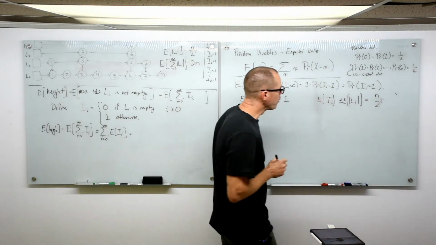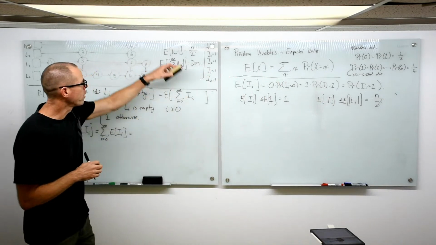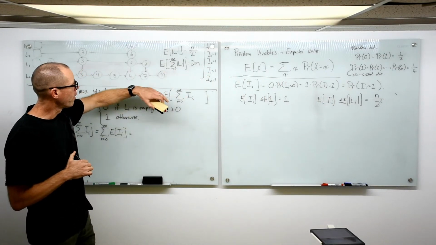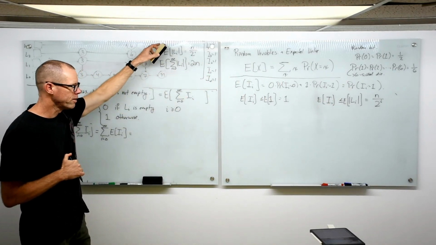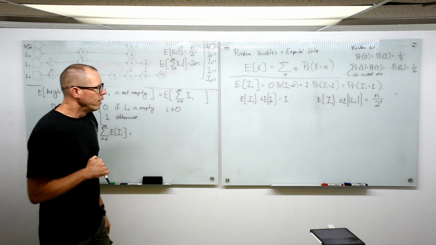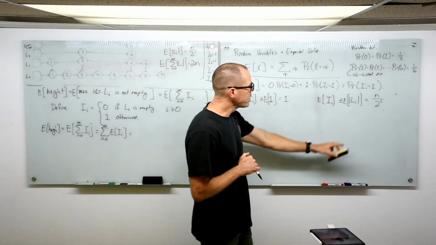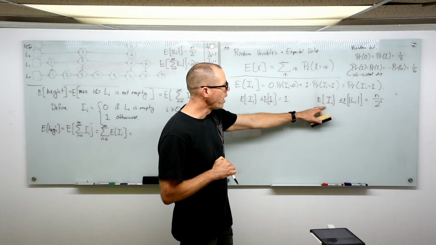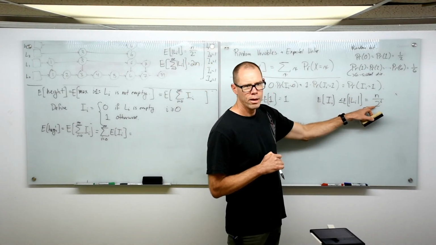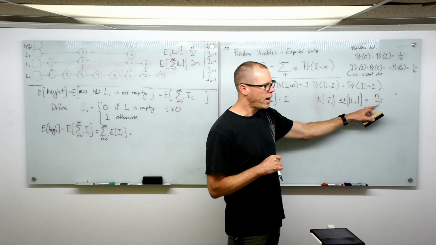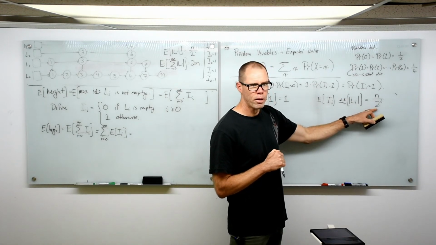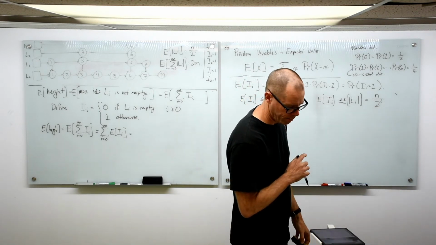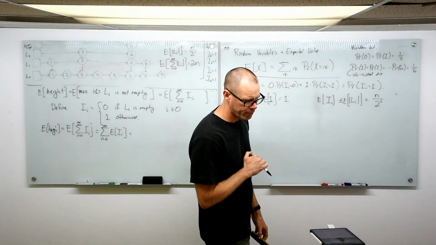But n over 2 to the i is important. So that may not sound like much, right? This thing here is smaller than 1. This thing has an n in it. But for large values of i, this thing on the right can be smaller than 1. So that's not completely trivial.